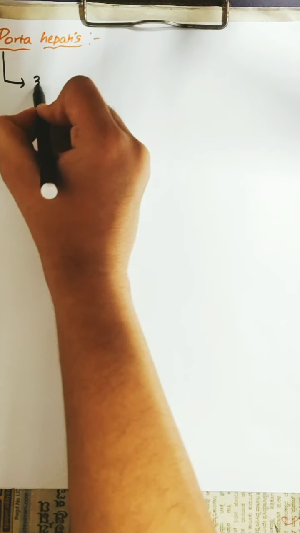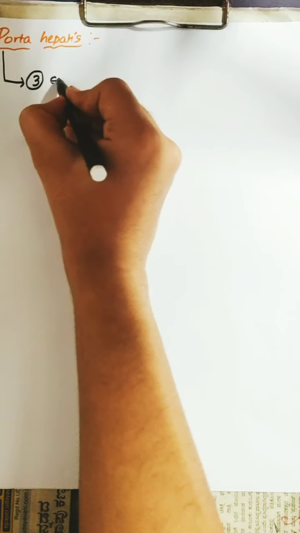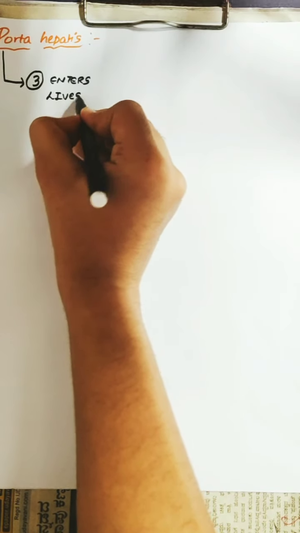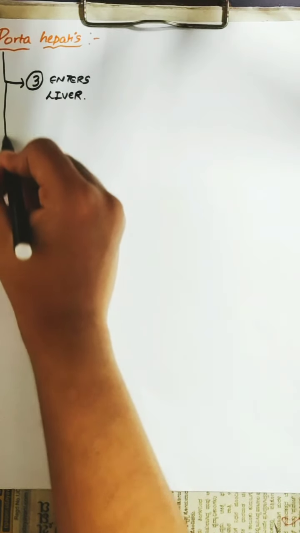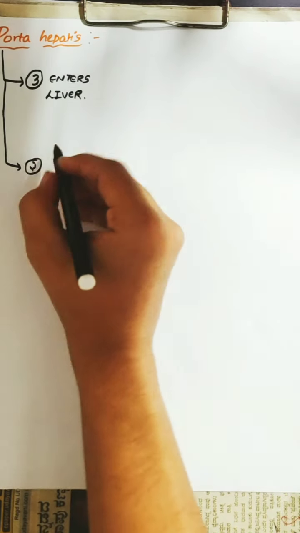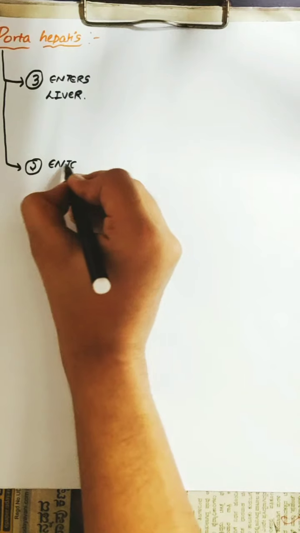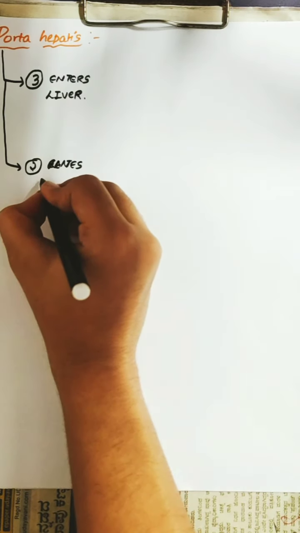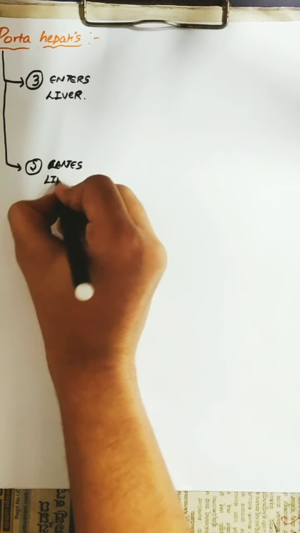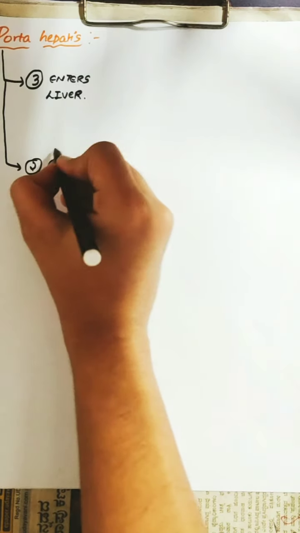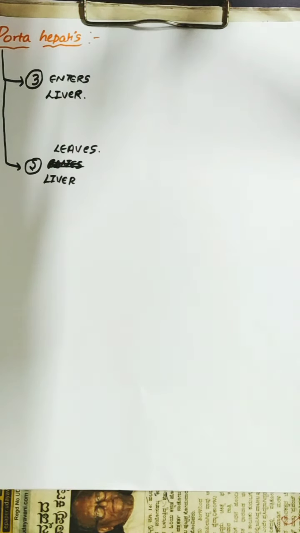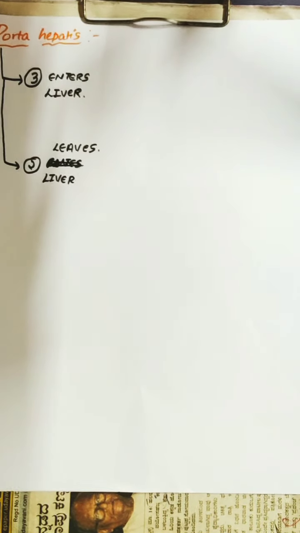So there are two substances which leave the liver and three substances which enter the liver.